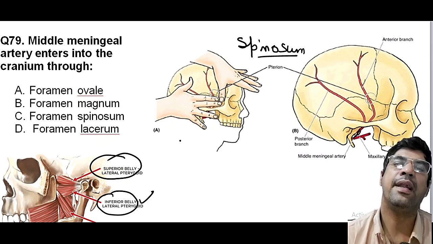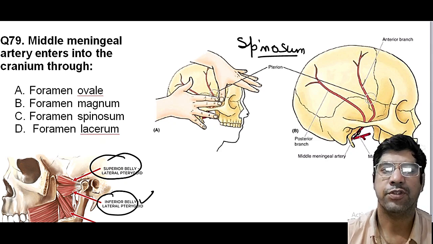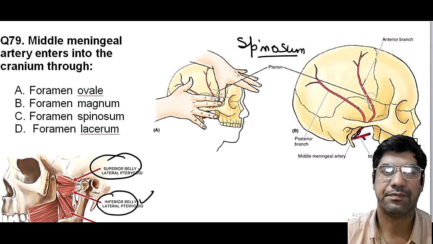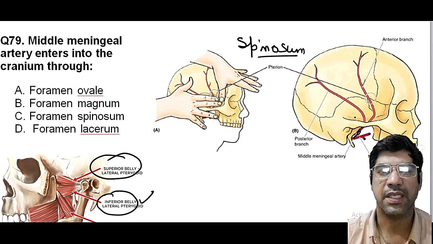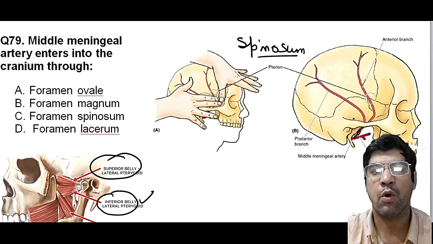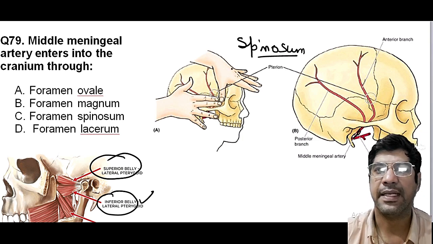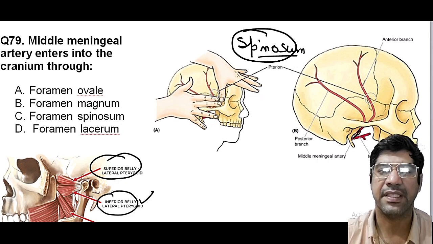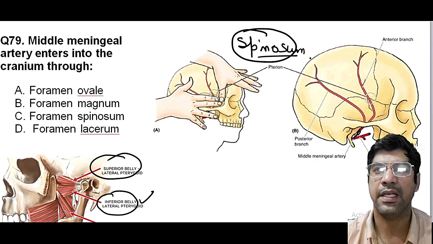After that, it will enter the castle. So our traveler needs to enter a castle, that is your skull, to continue the journey. To do this, it goes through a special gate that is known as the foramen spinosum. So think of this gate as a secret passage leading into the castle.